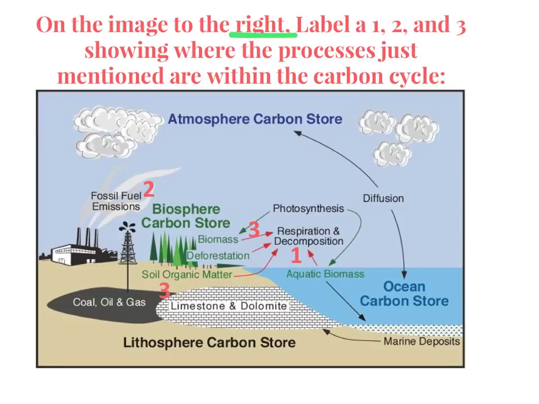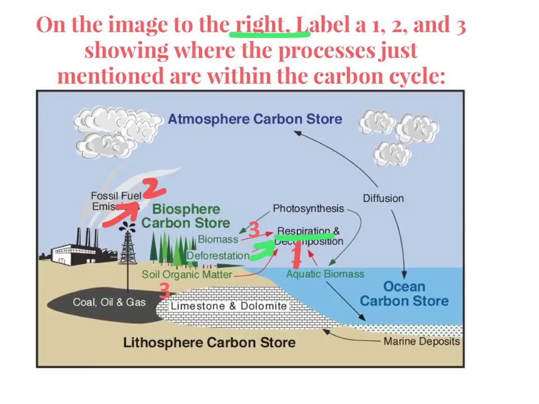So you have this picture there on the right hand side. We want to label some of those processes just mentioned on this diagram, and a lot of them are listed here already. We can see respiration listed. That's when we have the CO2 going from the plants to the atmosphere, so we put a little 1 in that spot. We've also got combustion with a 2.